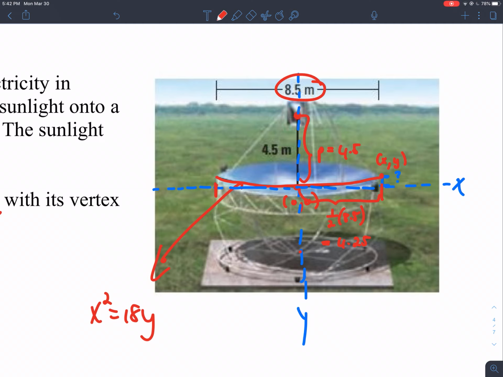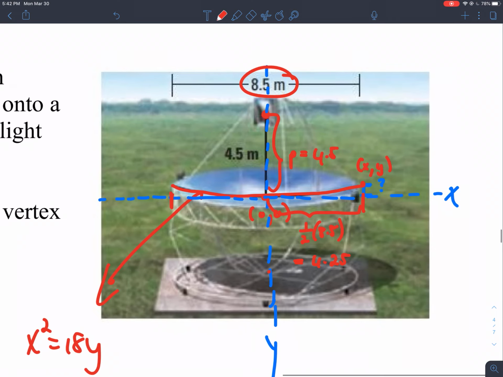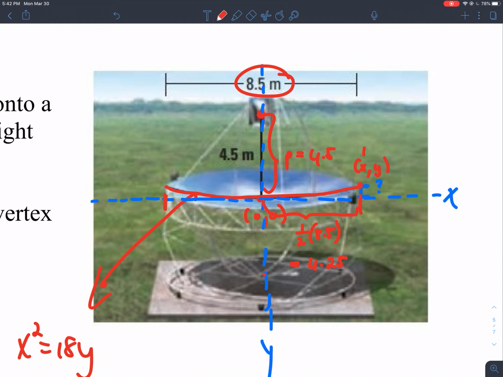That tells me that the x-coordinate of that point is 4.25. All I really need to find is how high this value is, but that's equal to the y-coordinate.